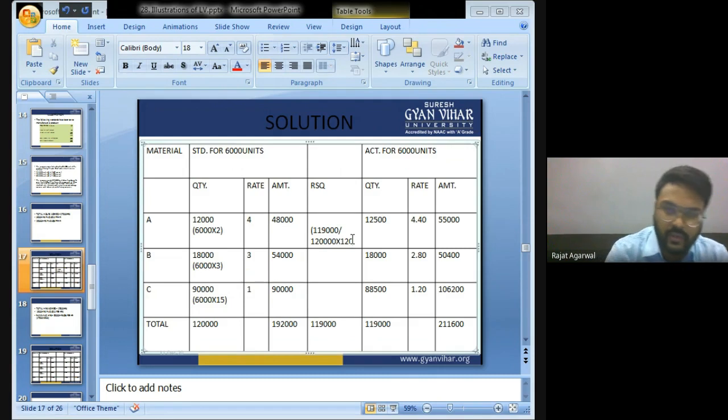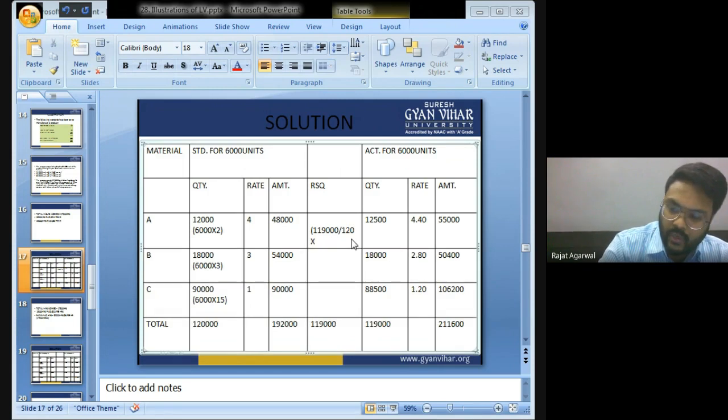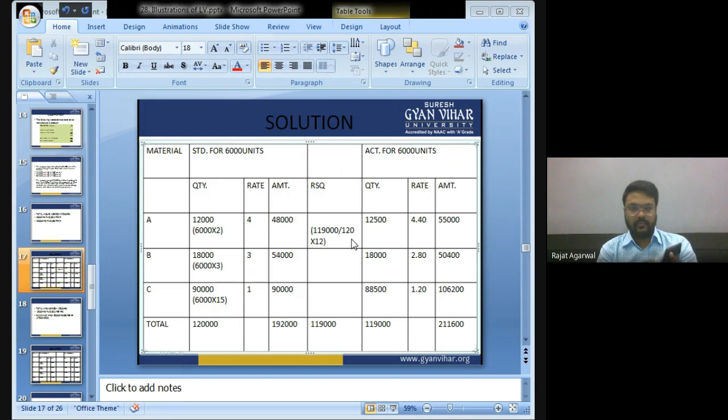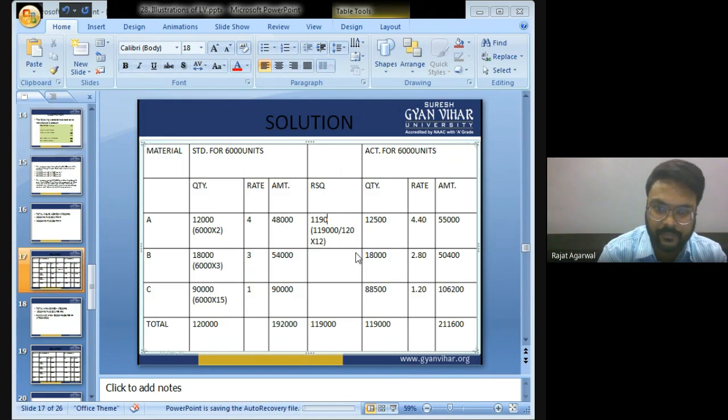Let us take 120 then. 1,19,000 divided by 120 into 12, 11,900.